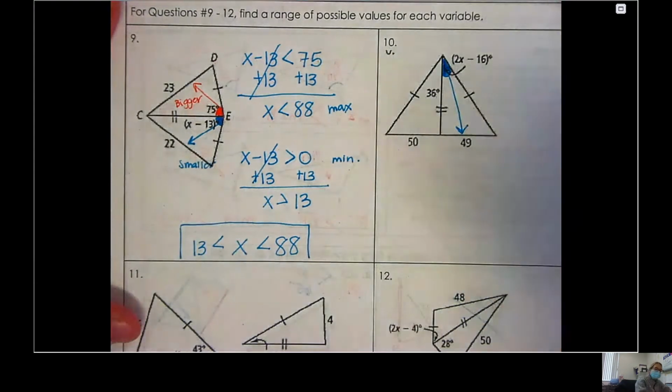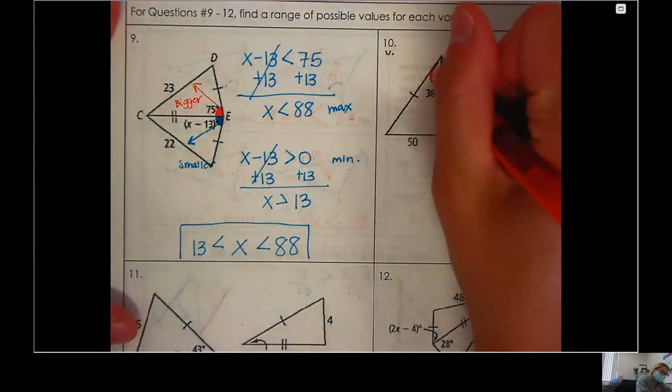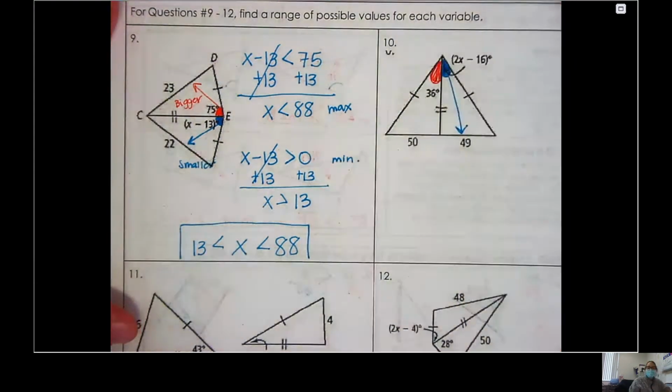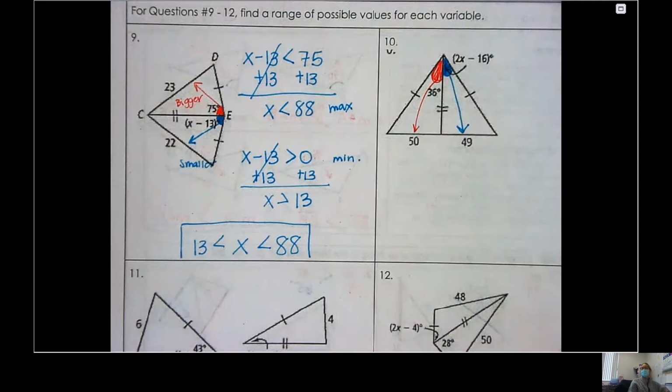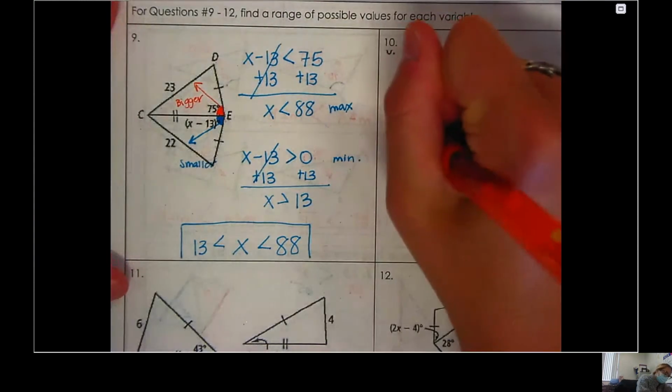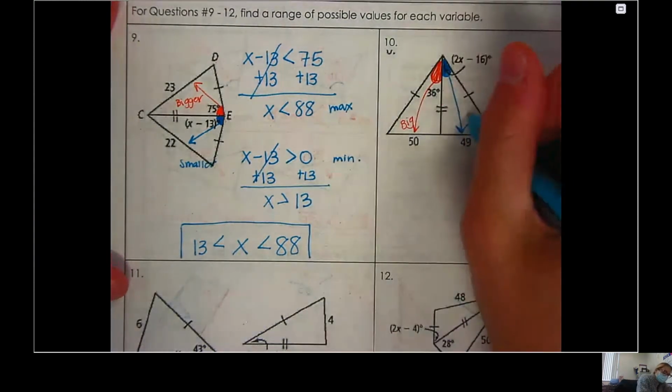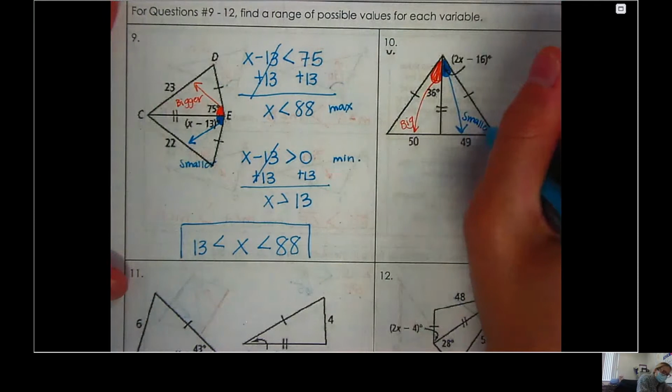The other angle I'm given is 36. Which side is that across from? 50. So which one of these is the bigger triangle, the left one or the right one? Left one's bigger because 50 is bigger than 49, right? So this is my bigger triangle. This is my smaller triangle.